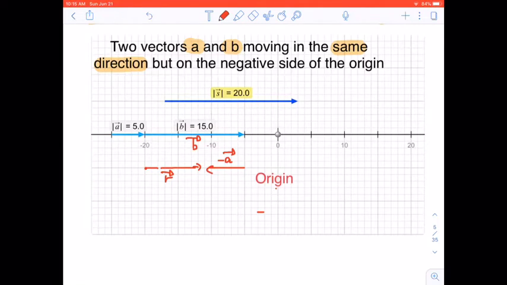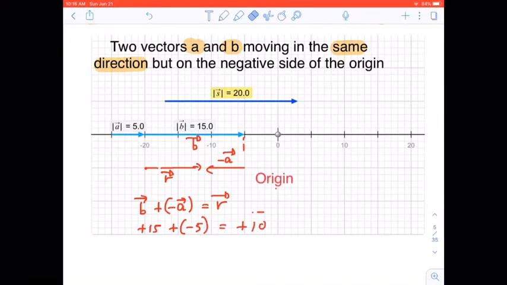That would be our resultant vector. In this case, we have vector B plus minus vector A, which would be plus 15 plus minus 5, giving us plus 10.